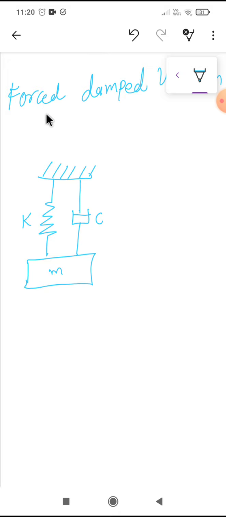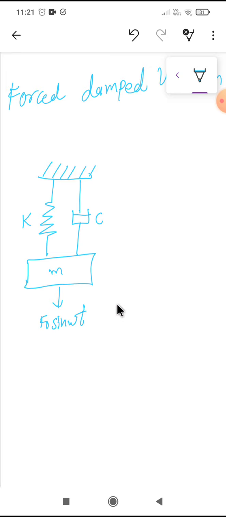Now in the forced vibration, the difference is that we are applying a force, f0 sine omega t. Here we are applying this as SHM, that is simple harmonic motion, so we apply a force of magnitude f0 and nature sine omega t.